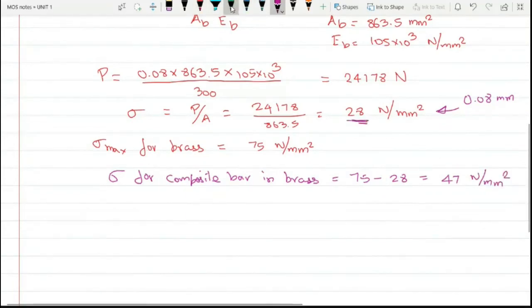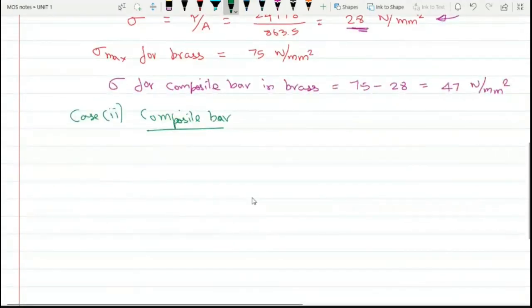Now let me go for case 2. So case 2 is composite bar. When you go for a composite bar, it is very, very important: you should use two formulas. First one, your force will be equal to force developed in steel plus force developed in brass, which I can write as P, I can write it as sigma S into AS.